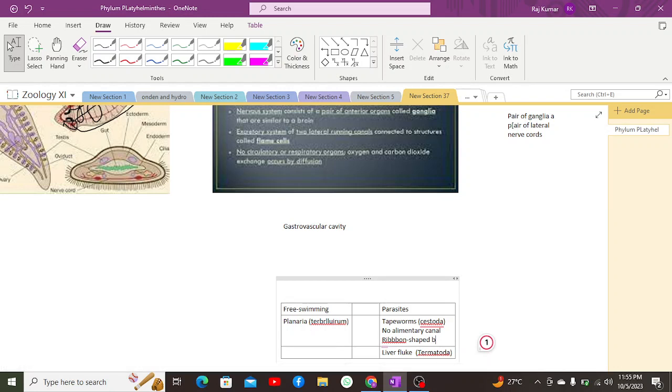They have a ribbon-shaped body. No alimentary canal, ribbon-shaped body, and they live in the alimentary canal of other vertebrate animals.